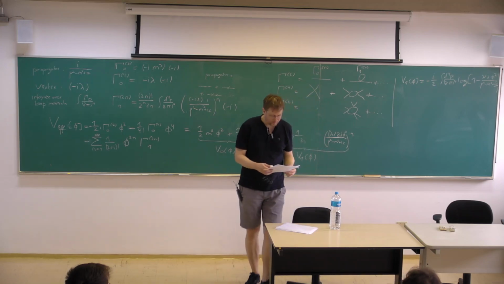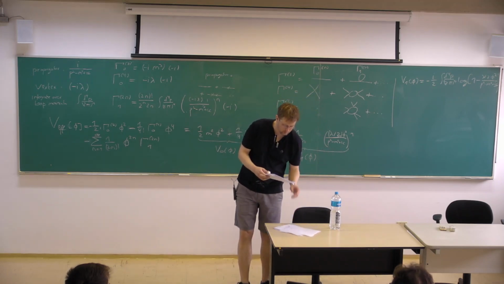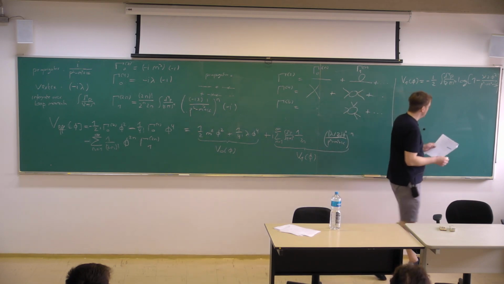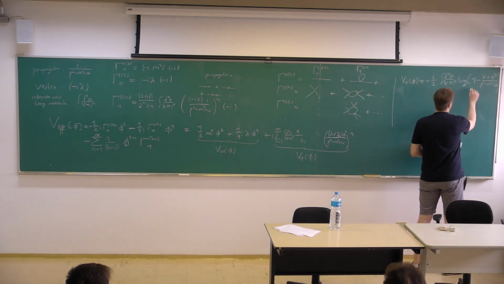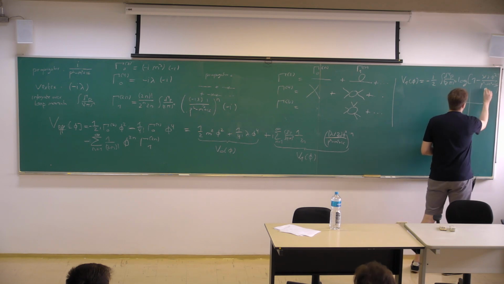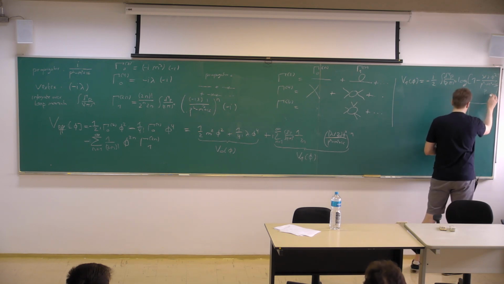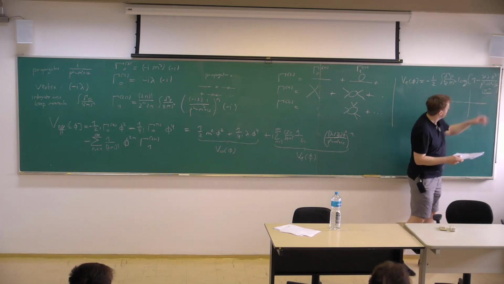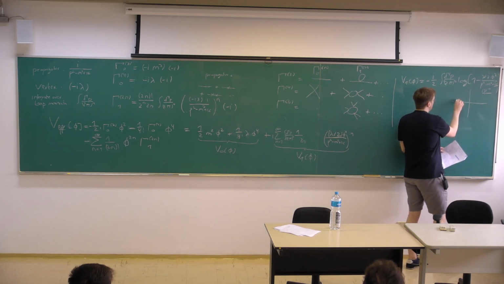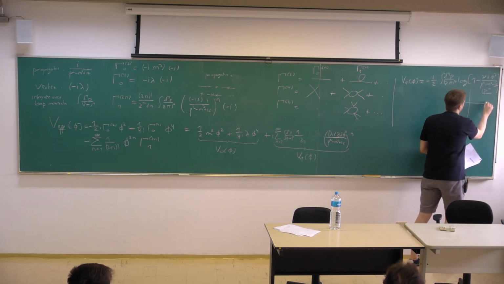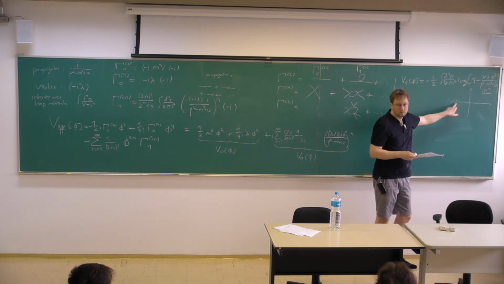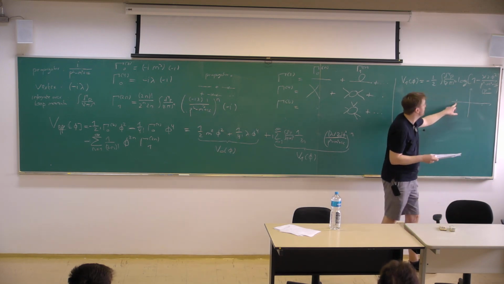Okay, so next we will perform a Wick rotation. Just to remind you, if I am in the complex plane for the energy, then the Feynman plus i epsilon prescription gives me poles slightly shifted by epsilon away from the real axis.